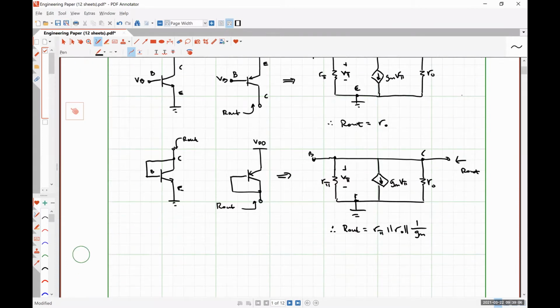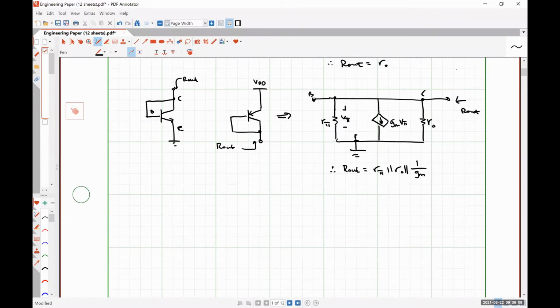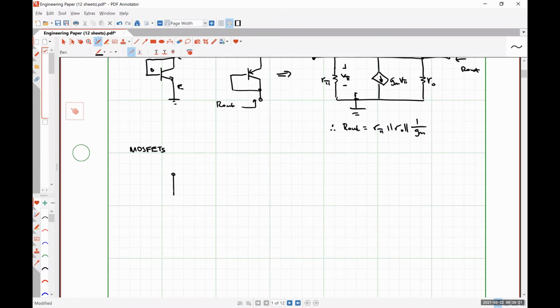All right, now let's take a moment to look at some MOSFETs real quick, and then we can dive right into the new stuff. So MOSFET current sources. We apply a fixed gate voltage, specifically for an NMOS.